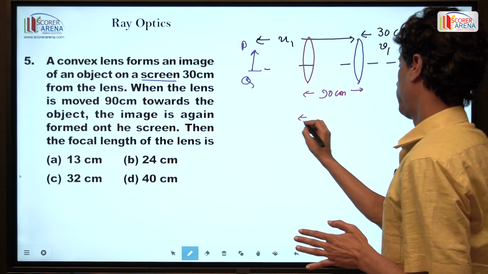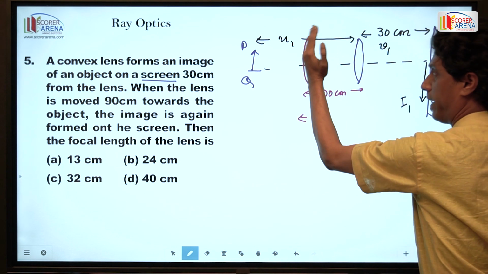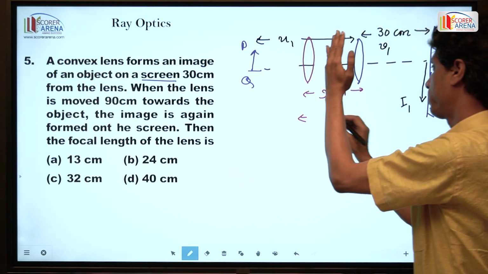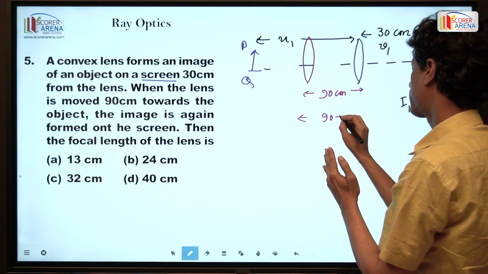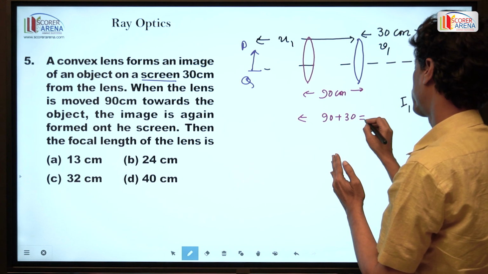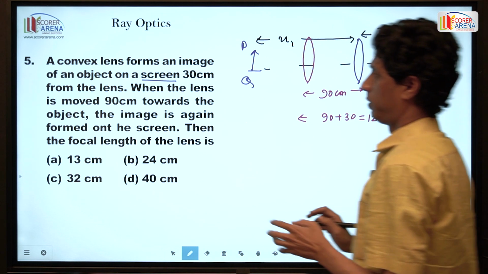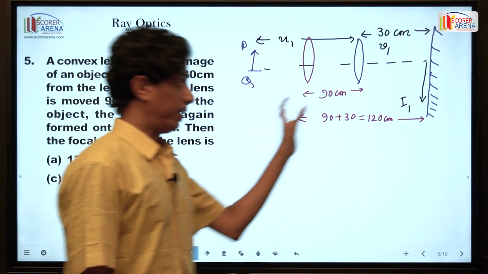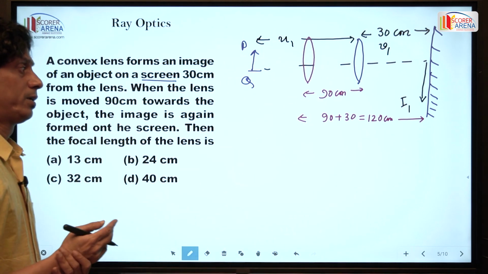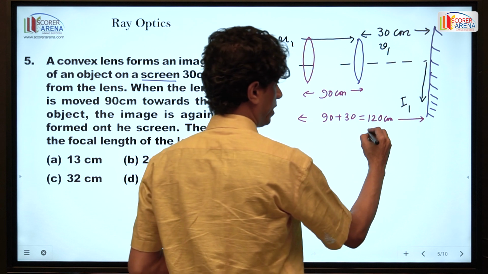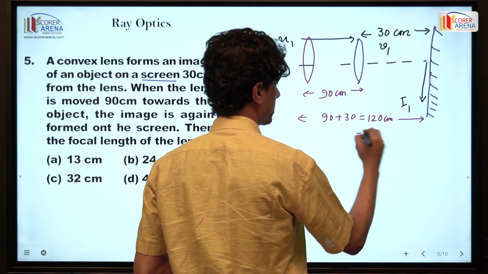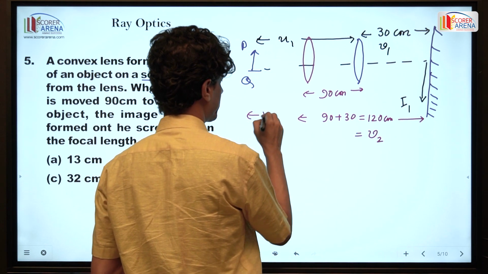So the distance between the lens and screen becomes 90 plus 30, so it is 120 centimeter. This distance is V2 and this distance is U2.